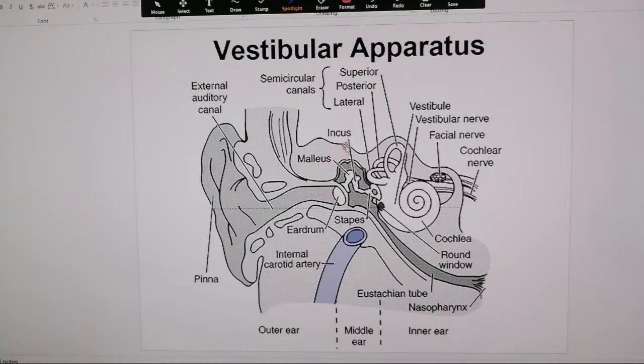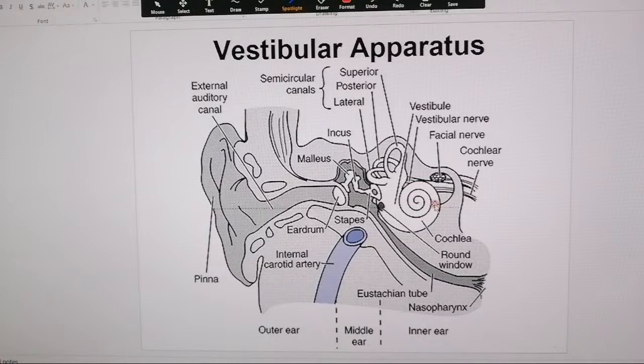Then you have the malleus, incus and stapes, and the cochlea with the round and oval windows. This is not the focus of this lecture. This entire machinery and this snail-like thing called the cochlea are related to hearing.